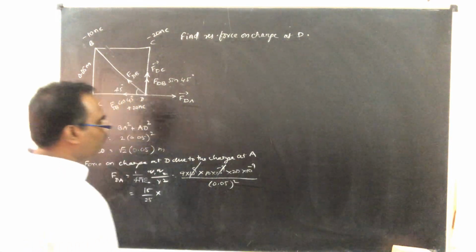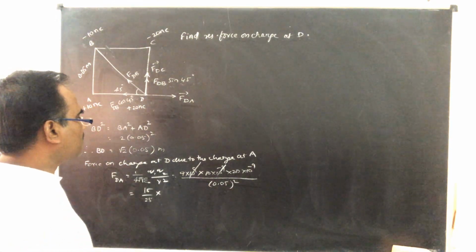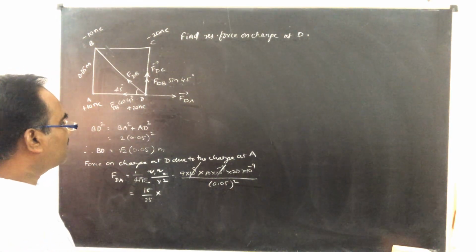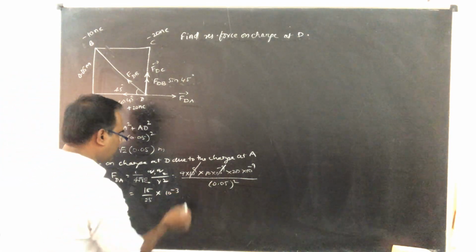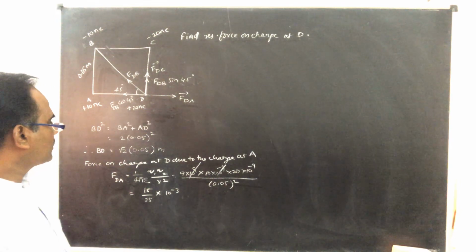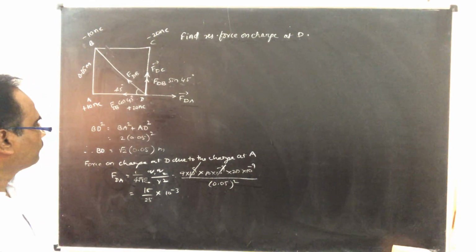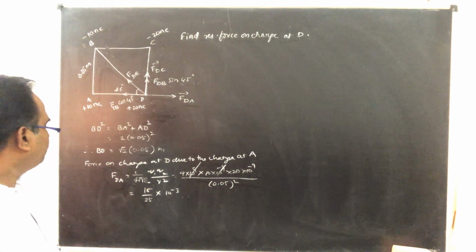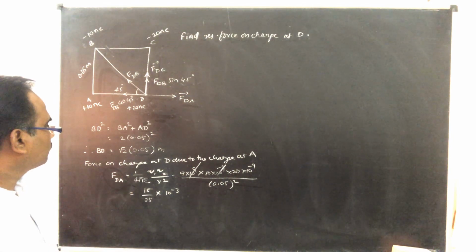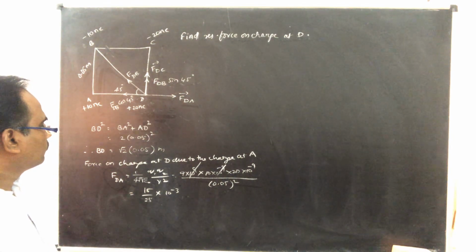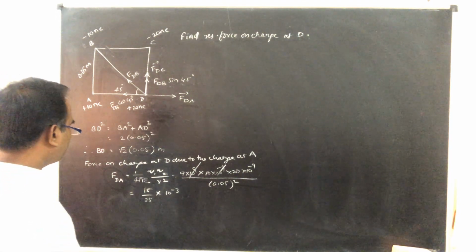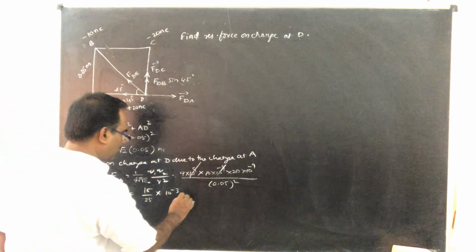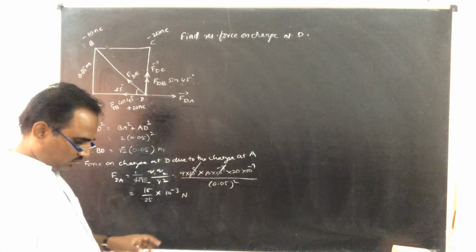So when it comes to the numerator, it becomes plus 4. So minus 7 plus 4 becomes minus 3. Check it once again. So 18 by 25 into 10 to the power of minus 3 Newton.